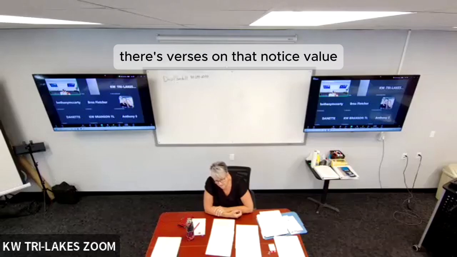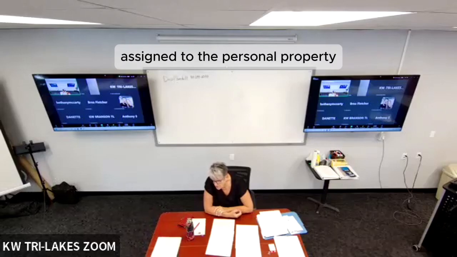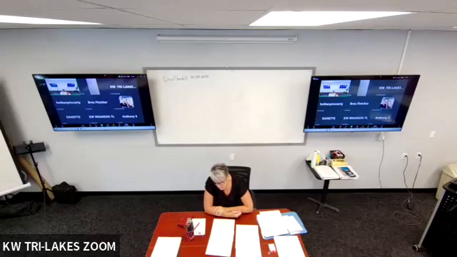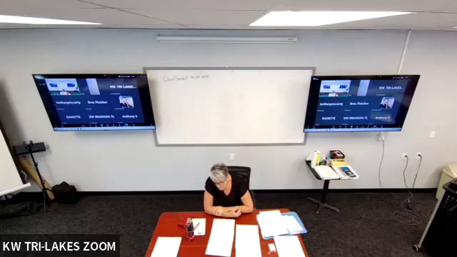How does that work if there's no additional value? If there's no additional value assigned to the personal property, they should not be considering it. Oh, we contested it, and he goes, no changes to me.